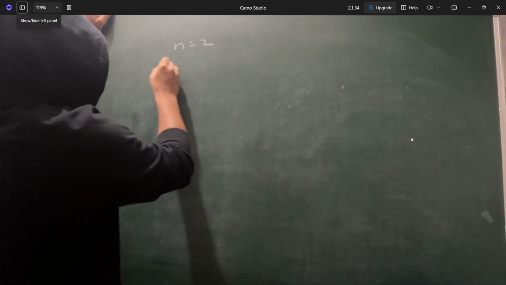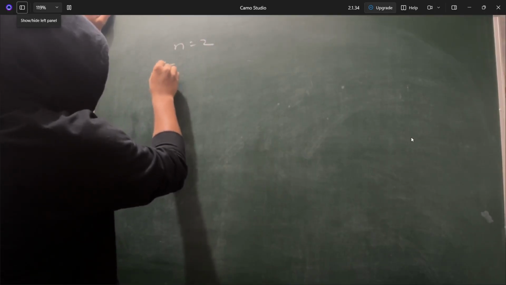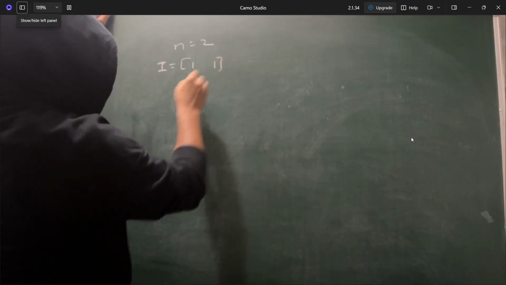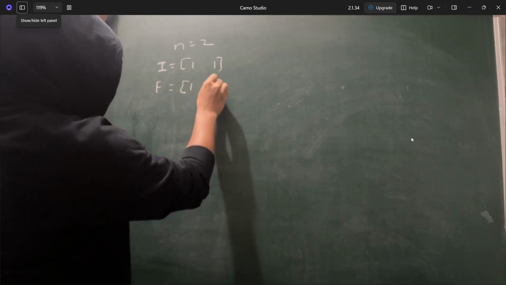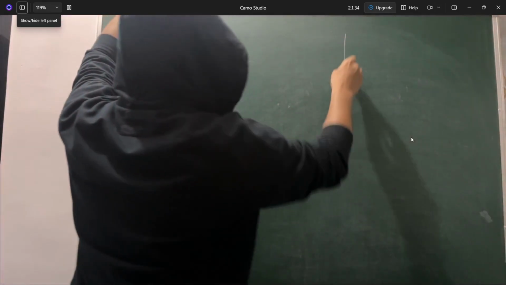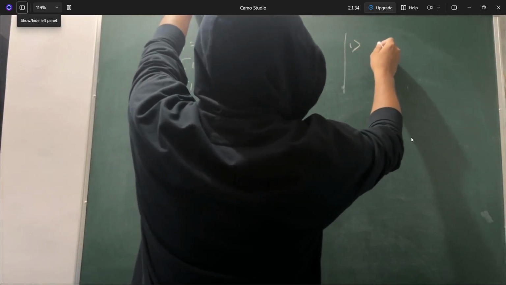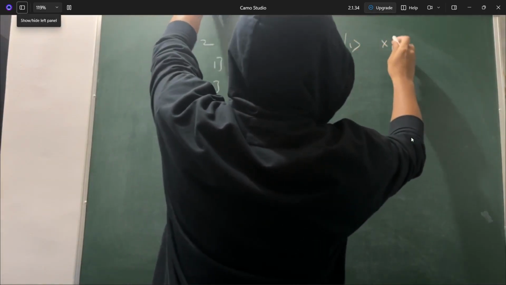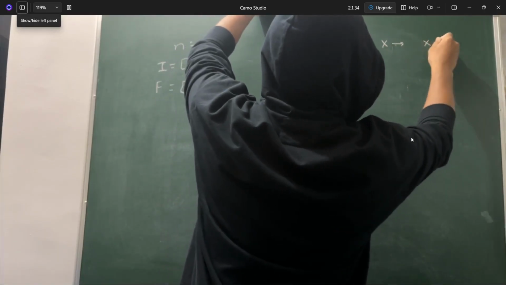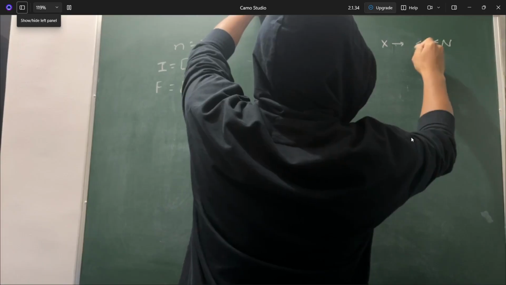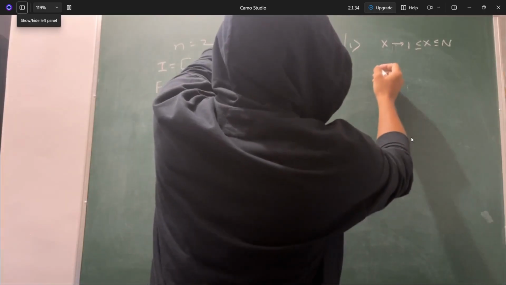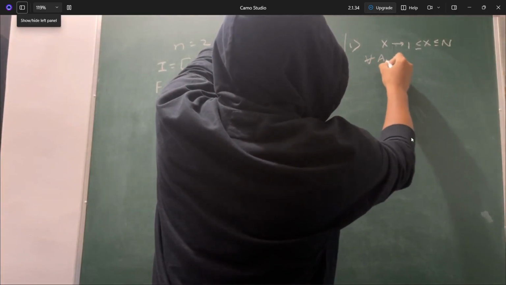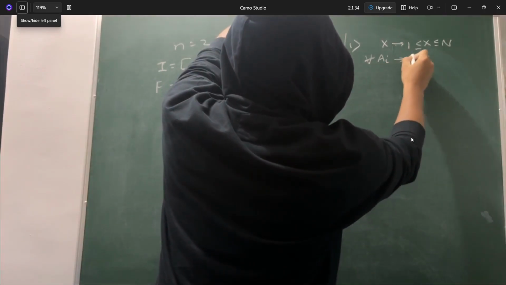So what is the question? Right now, initially, we have two fences colored 1, 1, and the final color of the fences has to be 1, 2. In one operation you can choose any color x, with x greater than or equal to 1 and less than or equal to n, and color all the fences with this x.